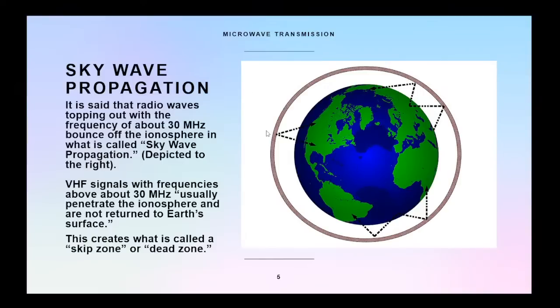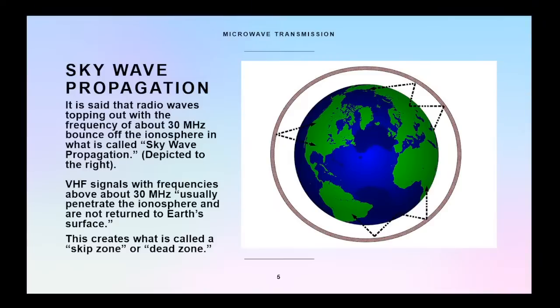Just to save the globe, the ionosphere is literally an invention due to the globe Earth. It is said that radio waves with frequencies topping out at about 40 megahertz bounce off the so-called ionosphere in what is called skywave propagation, depicted to the right here. You see it'll go up towards the ionosphere and then bounce back down, up, down, up, down.